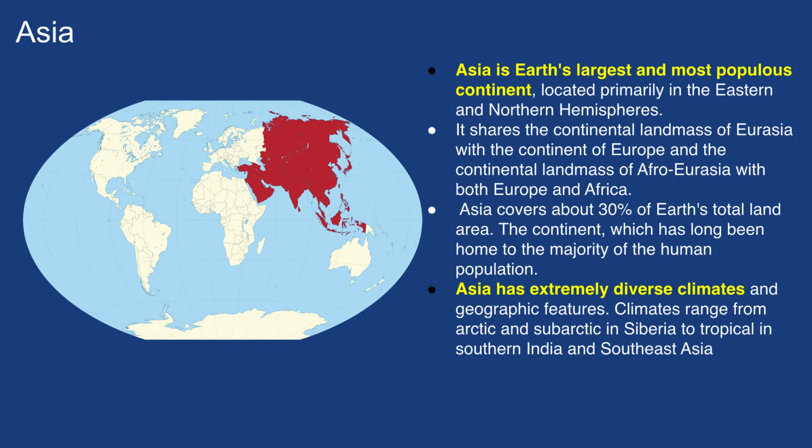And it covers about 30% of Earth's total land area, the continent which has long been home to the majority of the human population. And Asia has extremely diverse climates and geographic features. Their climates range from Arctic to subarctic in Siberia to tropical in southern India and Southeast Asia. So lots of stuff going on in Asia.